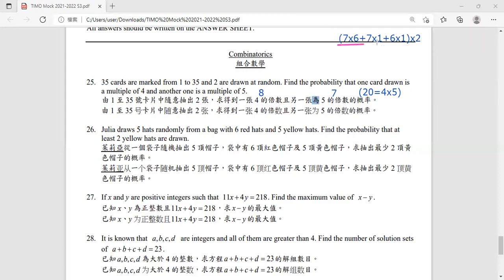This is the number of cases I can get, divided by 35 by 34. Which reduces back to 11 over 9, is it? Yes, 11 over 9. Any questions for this one?